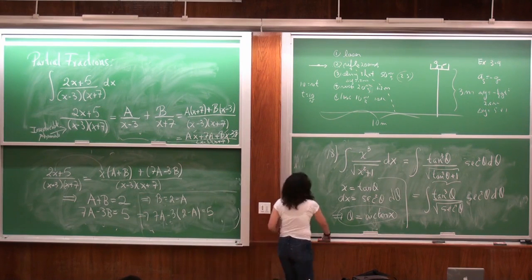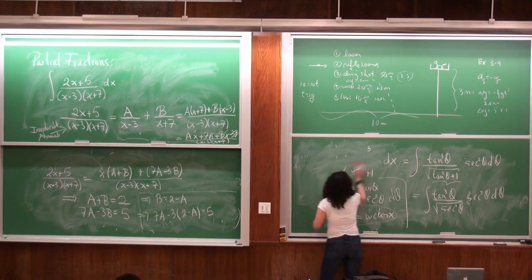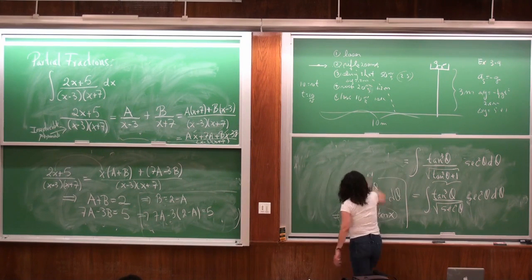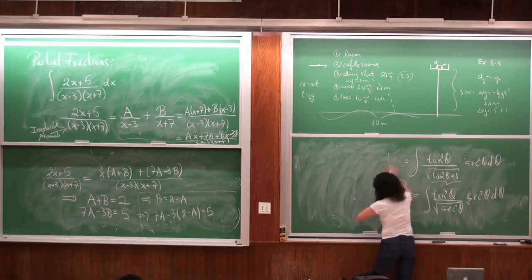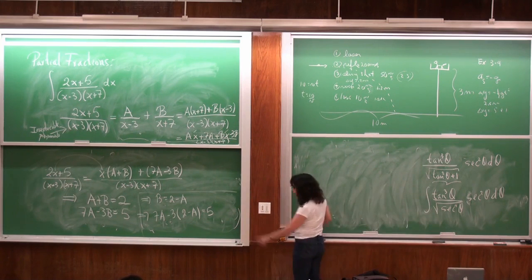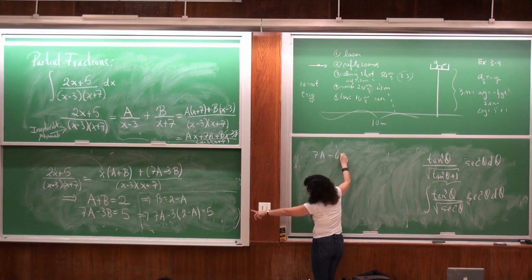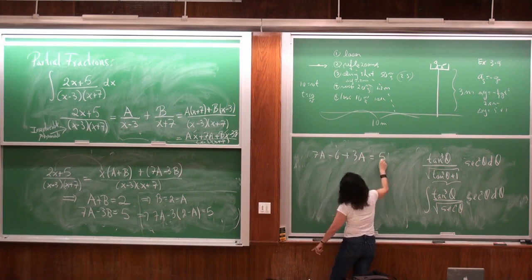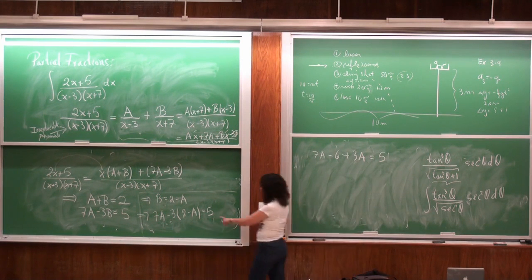Okay, so that is just algebra. So what do I get? What do I get, guys? I get 7A minus 6 plus 3A, is that right? Equals 5. Yes? No?